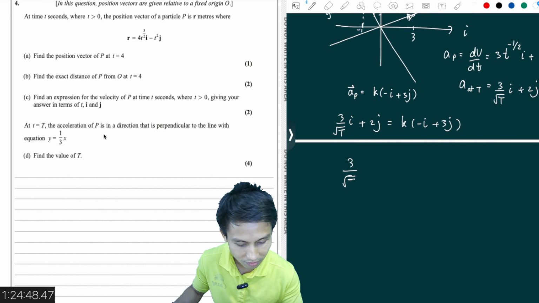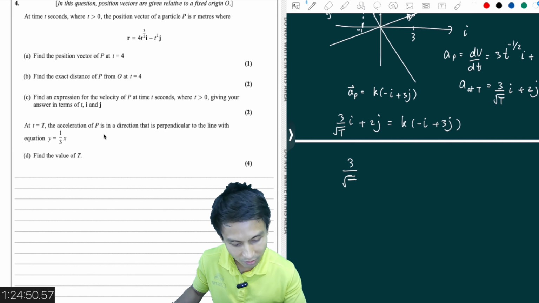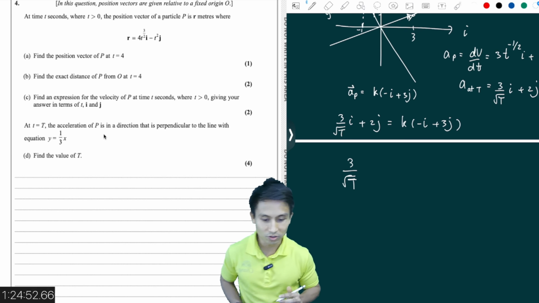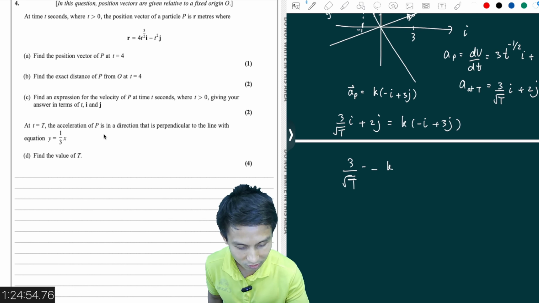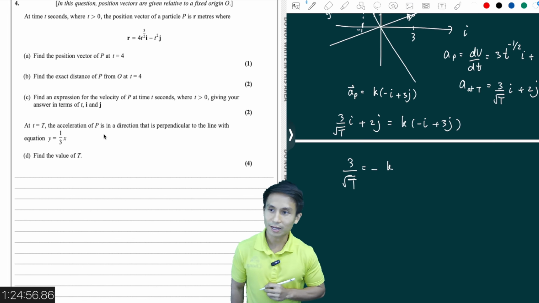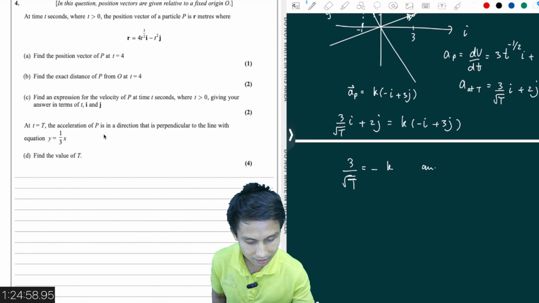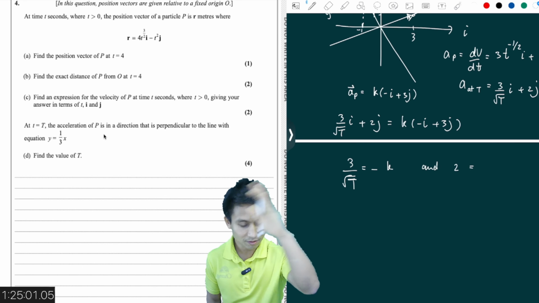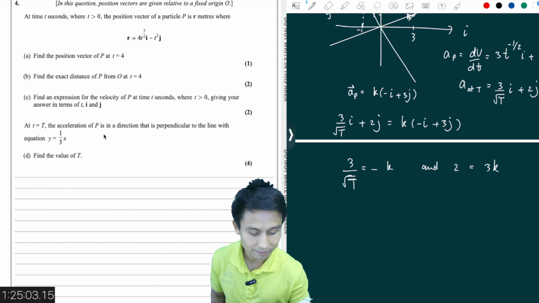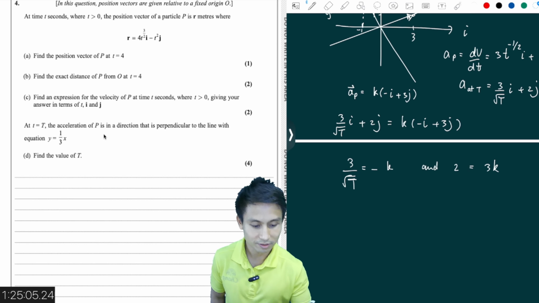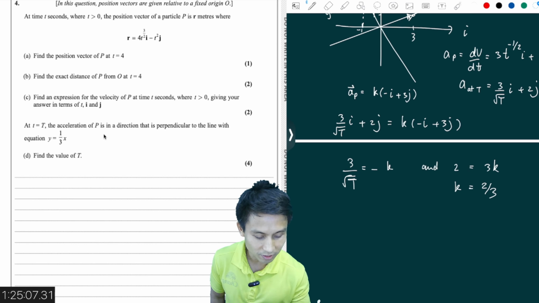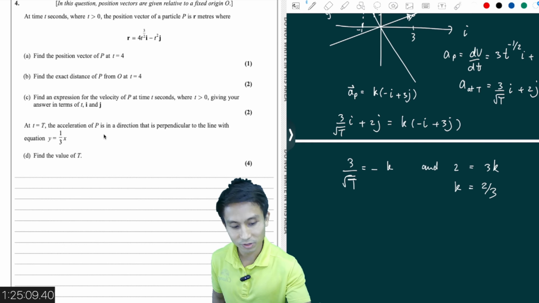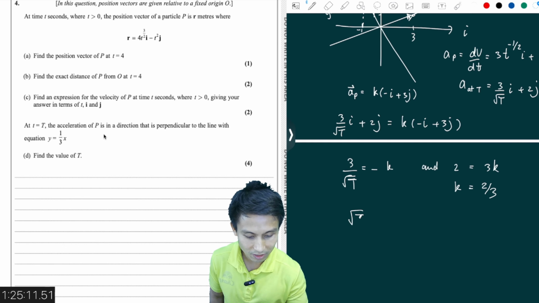So 3 over root t would have to equal the i component on the other side, which is minus k if you expand that out. And 2 would have to equal 3k. So k is 2 over 3. If we plug k back in here, we get t. So root t equals minus 3 over k.